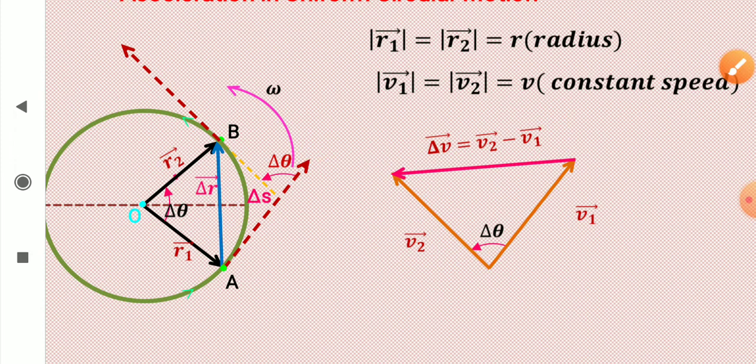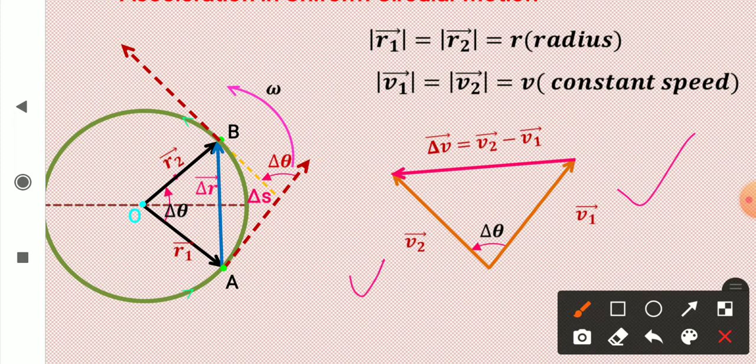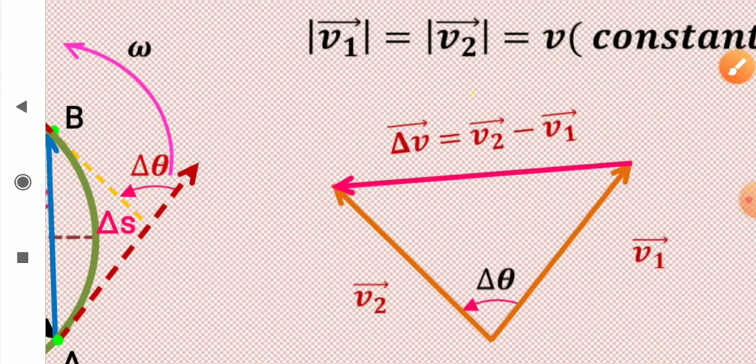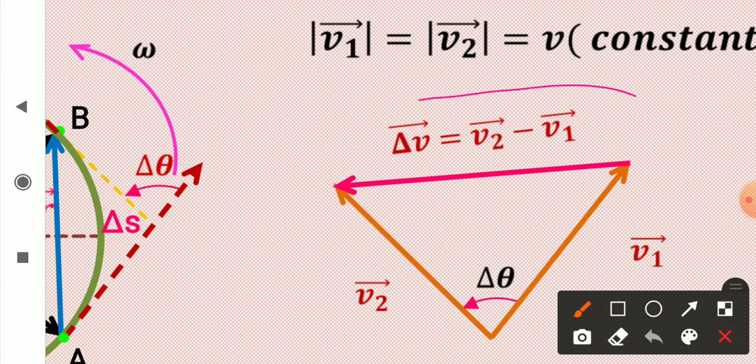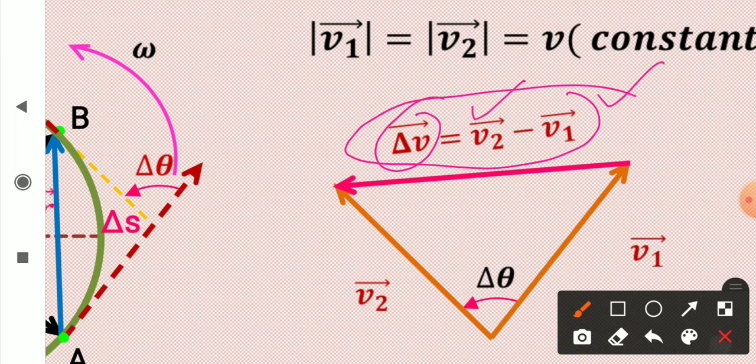That means if these two are known to us, then this should be the difference of this one and this one. So this vector is v2 minus v1. So you can see that this third vector is the change in velocity, final velocity v2 minus initial velocity v1, right?